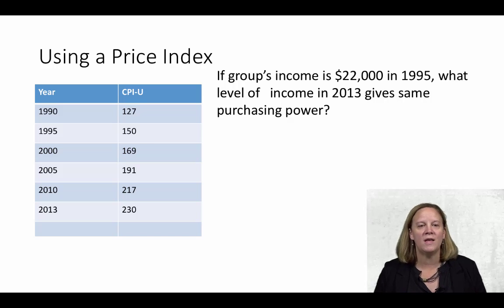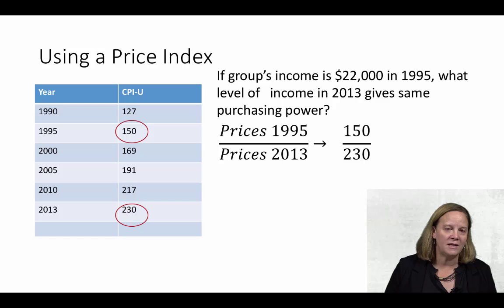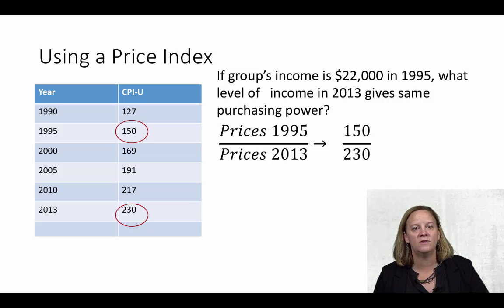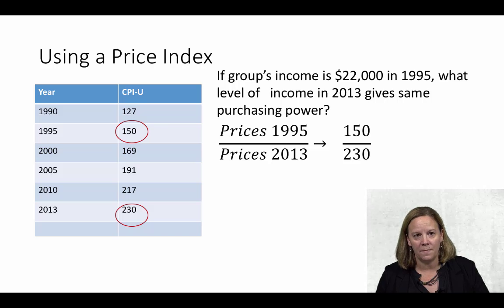First, note that we want to think about the ratio of year 1995 dollars to year 2013 dollars. Next, record the value of the price index for these 2 years. In this case, the ratio of the index in 1995 relative to 2013 would give us a ratio of 150 to 230.